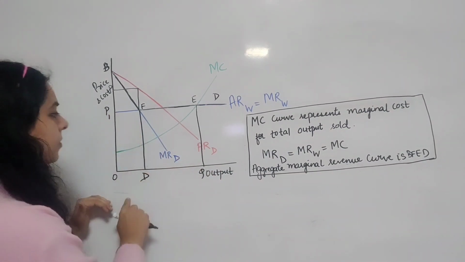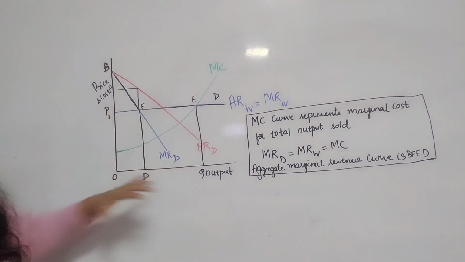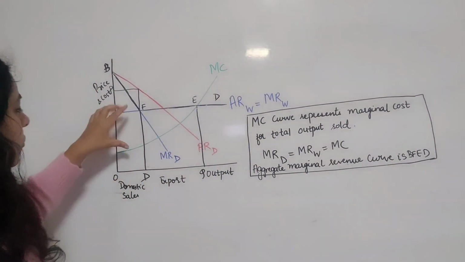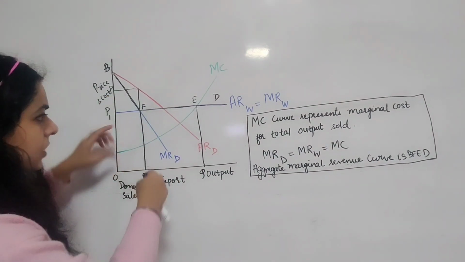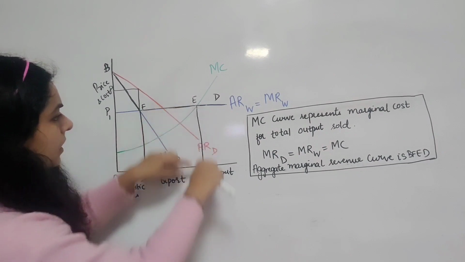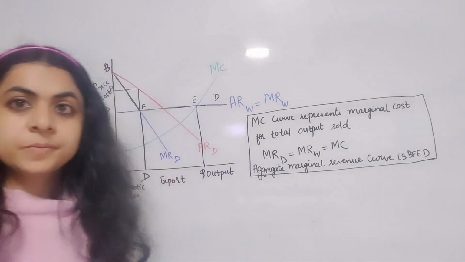So he has to charge a lower price in the international market for the same product. Here we need to remember that the marginal revenue in the domestic market as well as in the international market is equal to each other and is equal to the marginal cost.